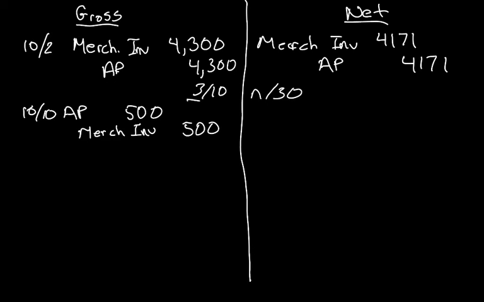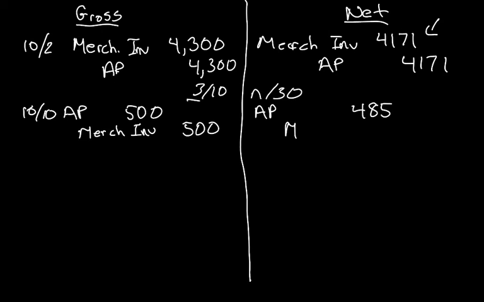However, remember, on the net, we took the discount initially. So therefore, what we need to do here on the net side, if we were going to record, is to record the accounts payable at its discounted rate, because we recorded it at its discounted rate.